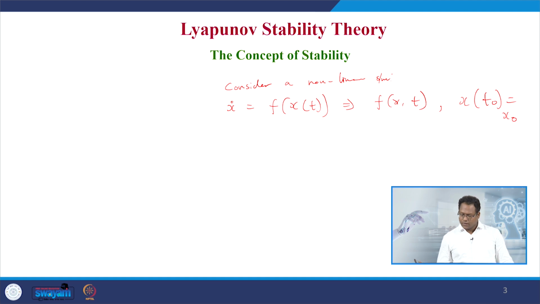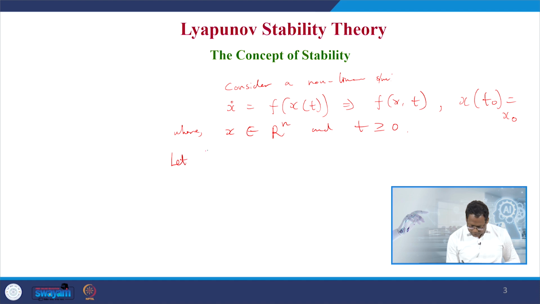That means the initial state is x of t naught, which is x naught, where x belongs to the n dimensional Euclidean space, it is a state vector, and t greater than equal to 0.